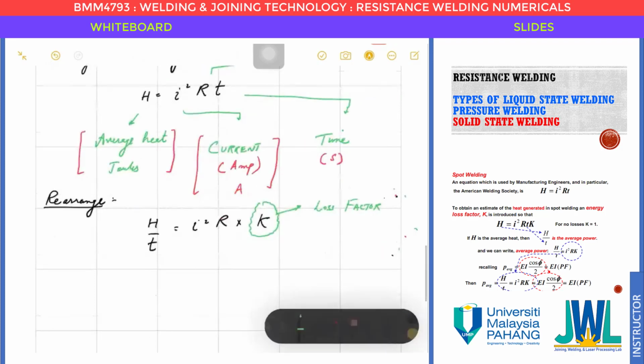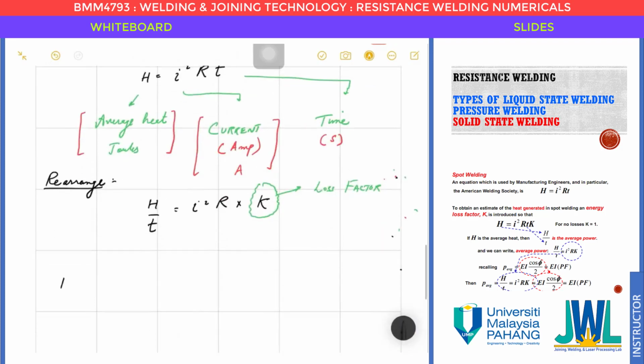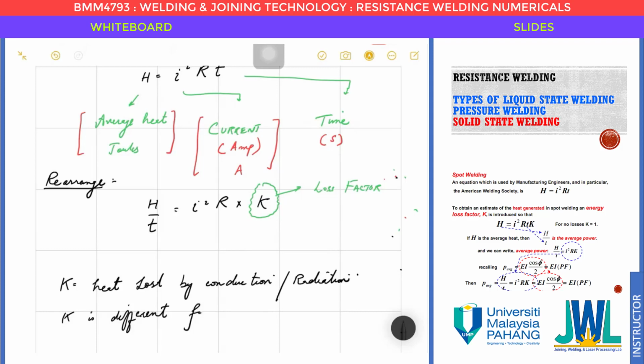Loss factor K is equal to heat lost by conduction or radiation. K is different for different processes.